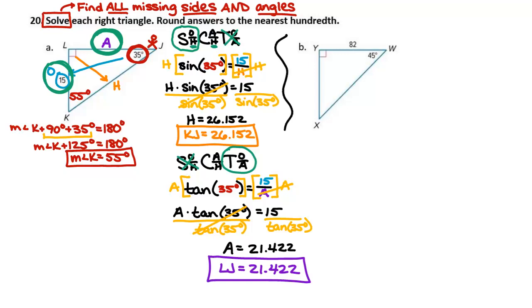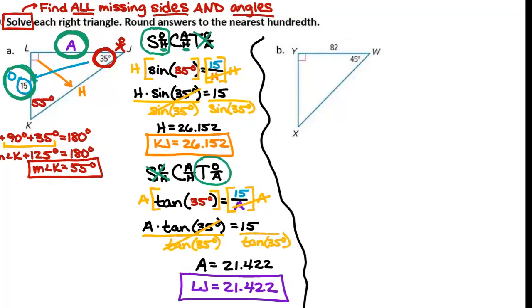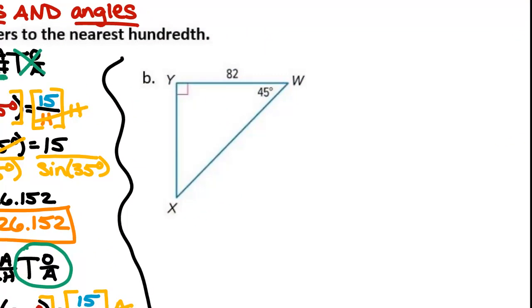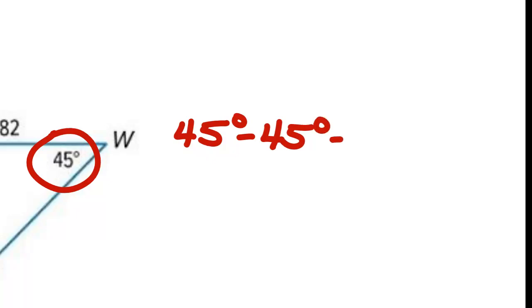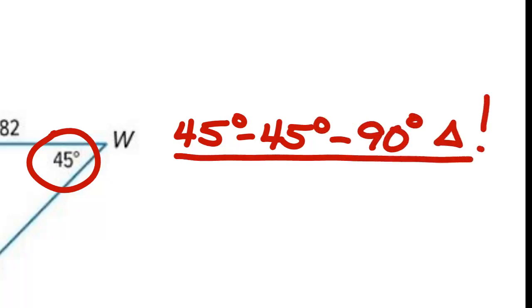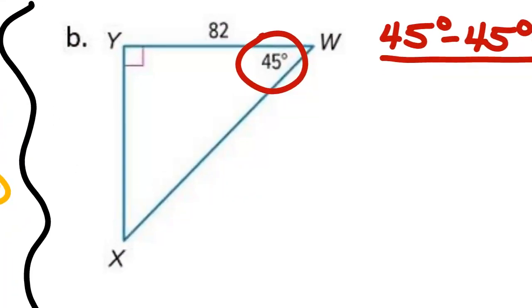Part B. You could do part B using sine, cosine, and tangent. But there's something I notice about this one that means I can do it faster and easier. It's a 45, 45, 90 triangle. So that means I automatically know that angle X is 45 degrees.